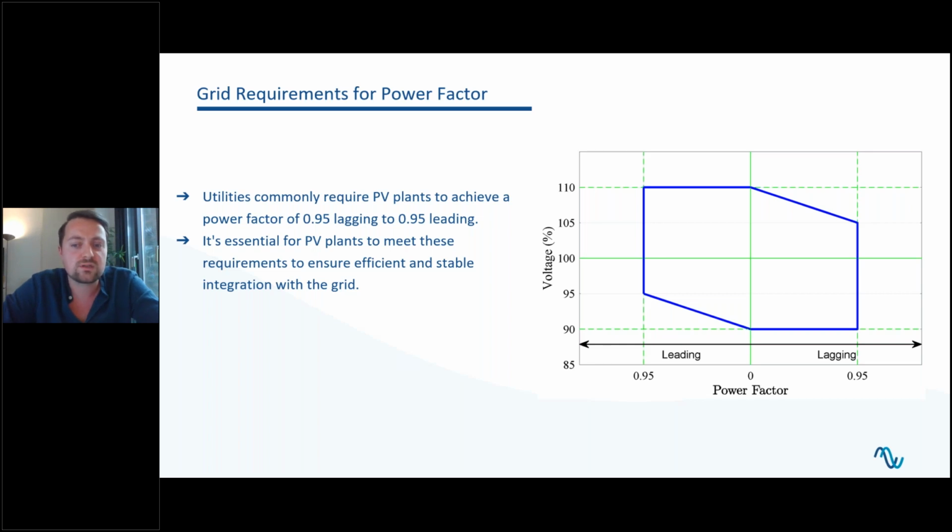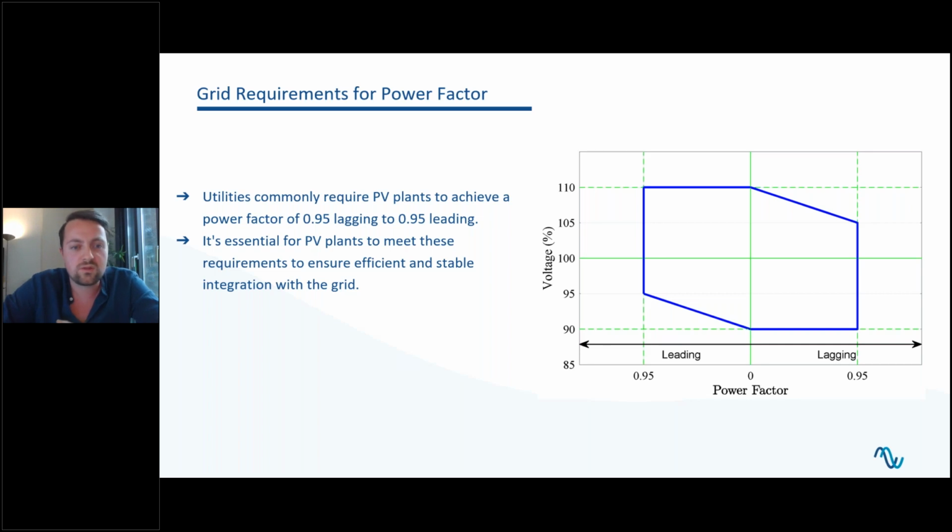If there's high generation of reactive power without sufficient consumption of reactive power, it can lead to an overvoltage condition in the system. On the other hand, vice versa, if the reactive power consumption exceeds the generation of reactive power, you can have a voltage drop.